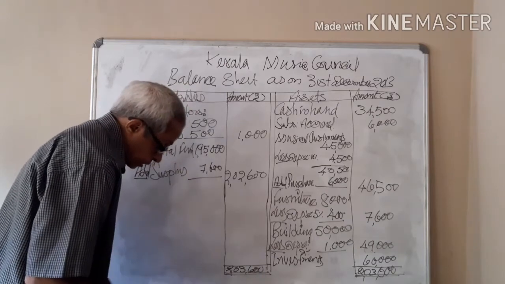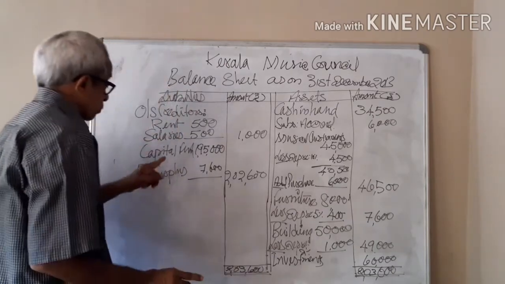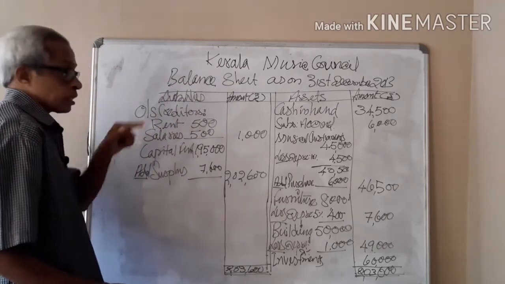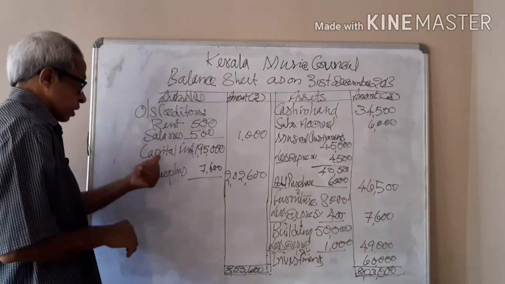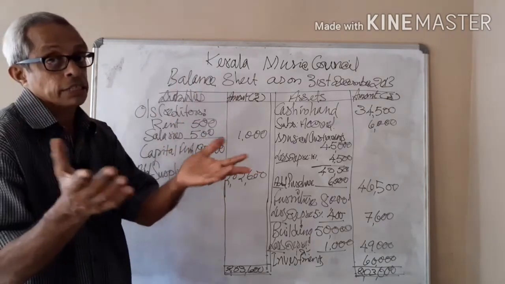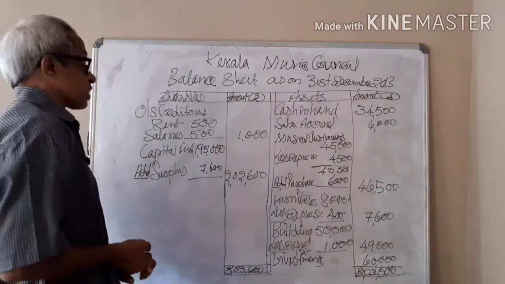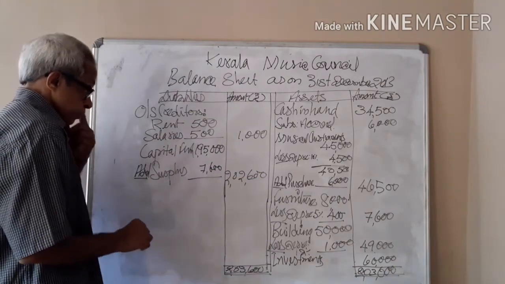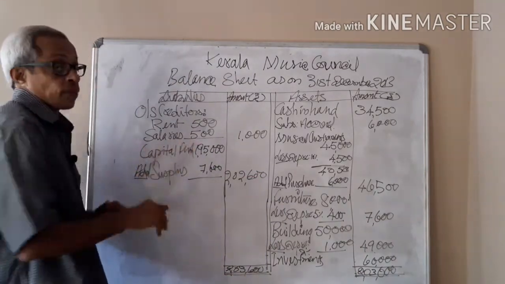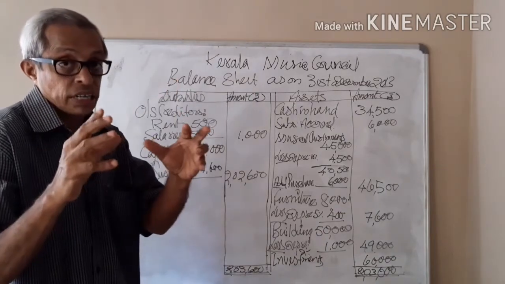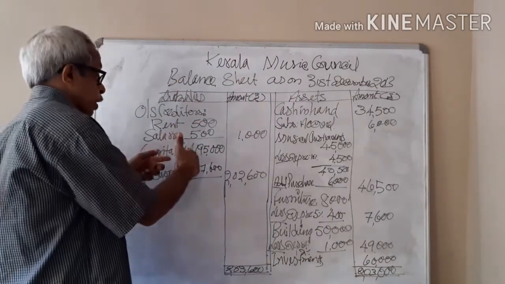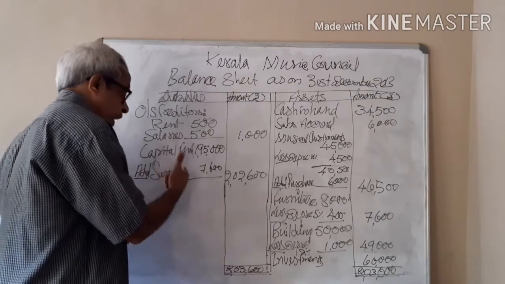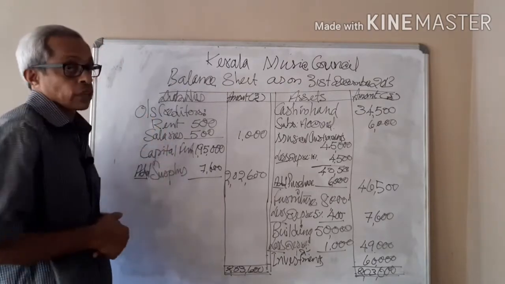Outstanding creditors, that is from the adjustments. Rent is 500, salary 500. Then the capital fund is the amount we took from the opening balance sheet. Then we add the surplus figure, that is 7,600.